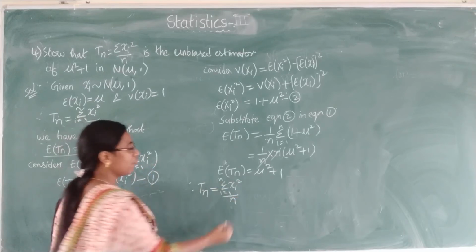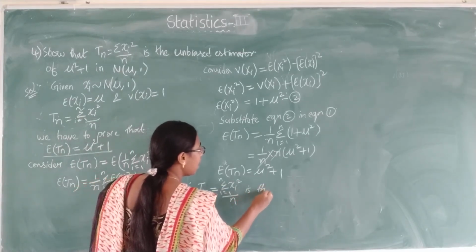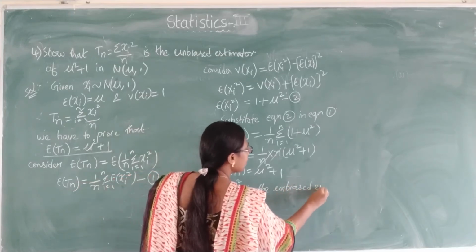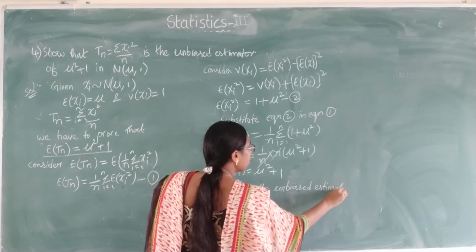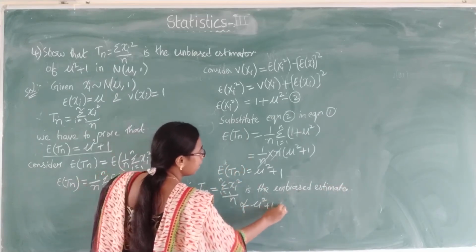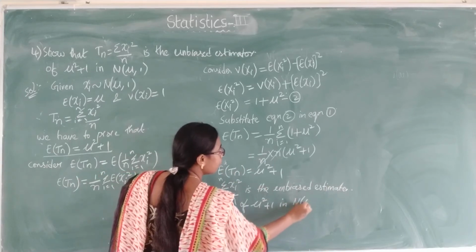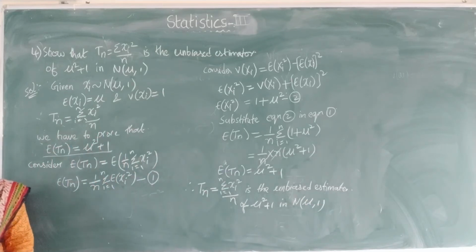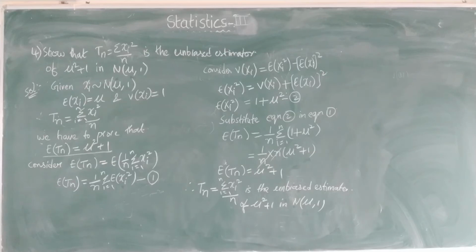This Tn is the unbiased estimator of mu square plus 1 in normal mu comma 1. Whenever you consider the normal distribution with mean mu and variance 1, then summation xi square by n will be the unbiased estimator for mu square plus 1.